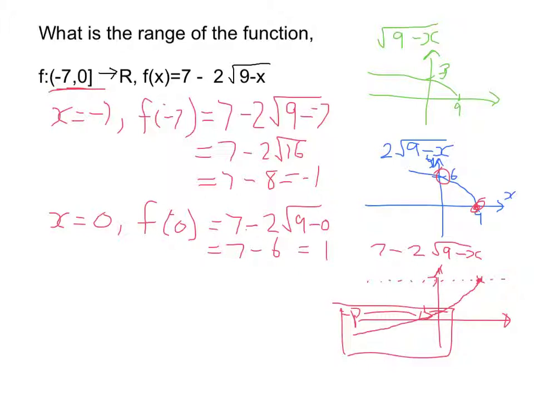So that tells us for this question that when x is equal to 0, which we knew already, y is equal to 1, and when x is equal to -7, y is -1. So the range will be from -1 to +1.